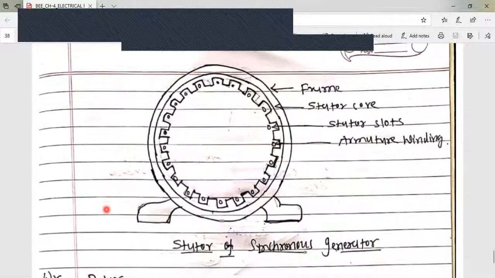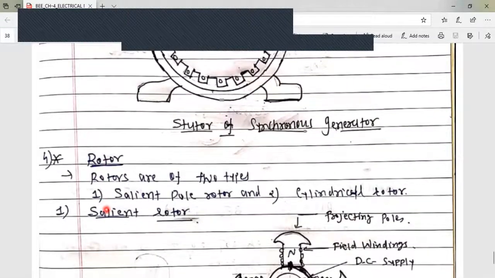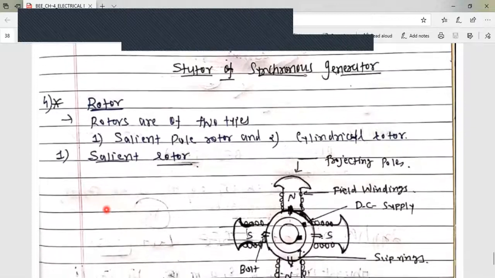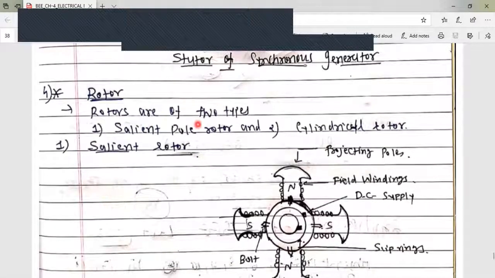Now we will see the rotor of the synchronous generator. Rotors are of two types. One is the salient pole rotor and the second is the cylindrical rotor.